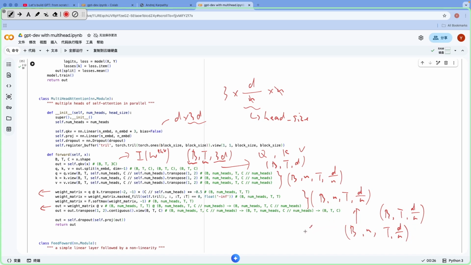The last step is to stack the different outputs of the different heads into one dimension. We just use built-in functions to transform it to dimension B by T by D, and then pass it through the projection layer. It doesn't change the dimensions, so we still get B by T by D, and that is the output of our multi-head attention layer.